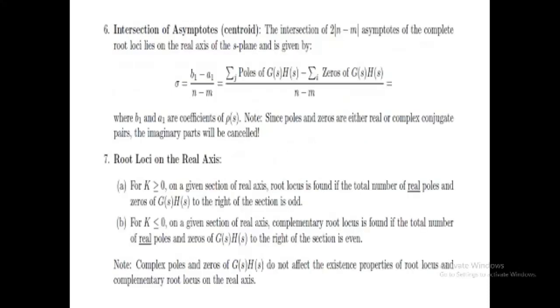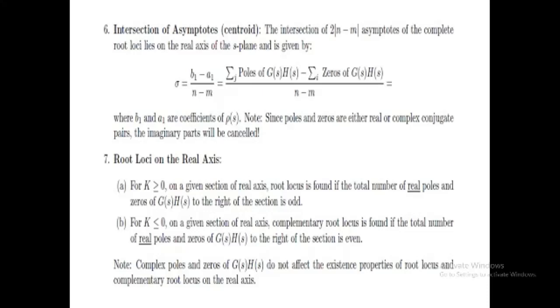Then the intersection of the asymptotes. The intersection of the modulus of n minus m asymptotes of the complete root loci lies on the real axis of the s plane, and it is given by sigma equal to (b1 minus a1) upon (n minus m), which is the summation of the poles of G(s)H(s) minus the summation of the zeros of G(s)H(s), upon n minus m.